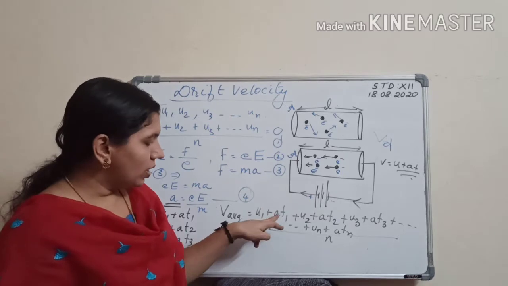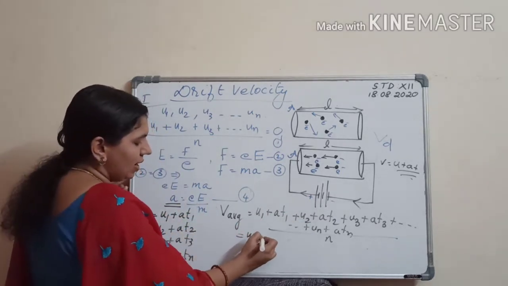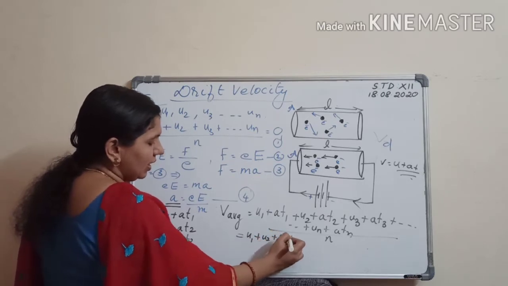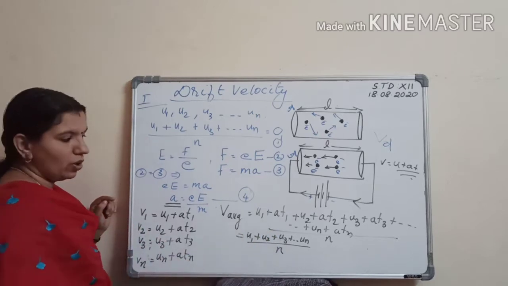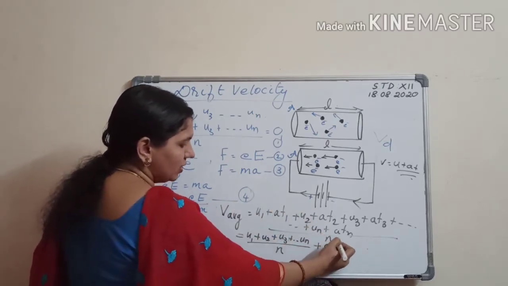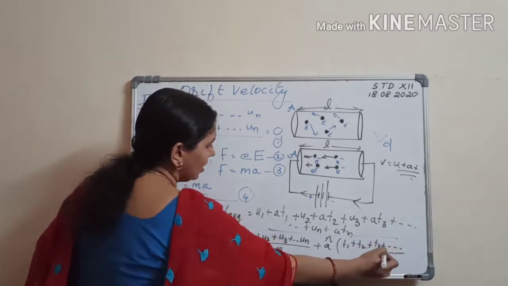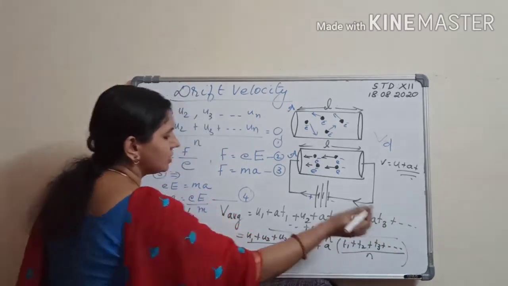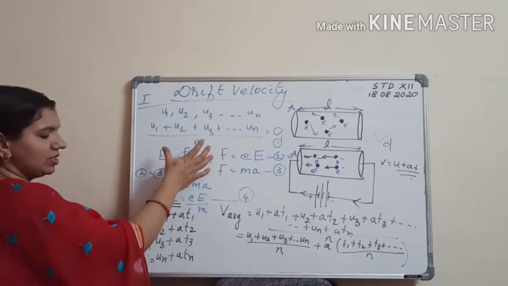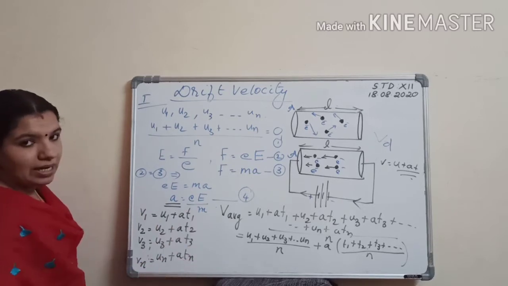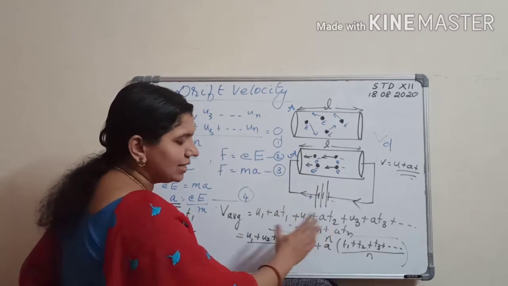Now, taking the terms of u together, you write u1 plus u2 plus u3 and so on up to un, divided by n. Clear, no? a is constant, so a into t1 plus t2 plus t3 and so on, divided by n. This much is clear? Simple only. Just applying Newton's equations of motion and arranging the equations.